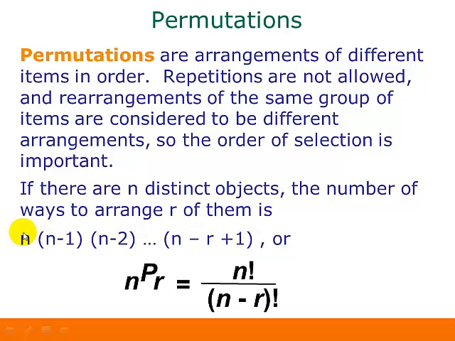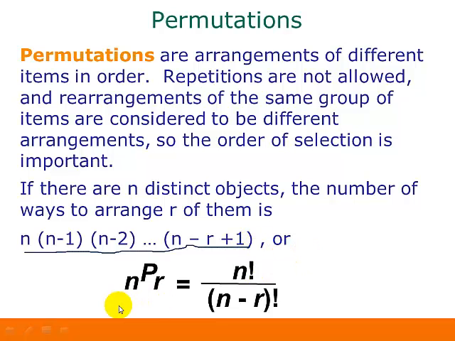Now this is a little bit hard to see with it written out this way, but if we think of it this way, we end up multiplying r numbers together. So we start with the n and we keep going down until we have r numbers written down here. That's kind of the shortcut, easy way to do this.